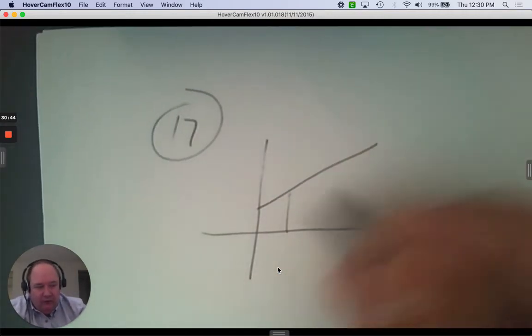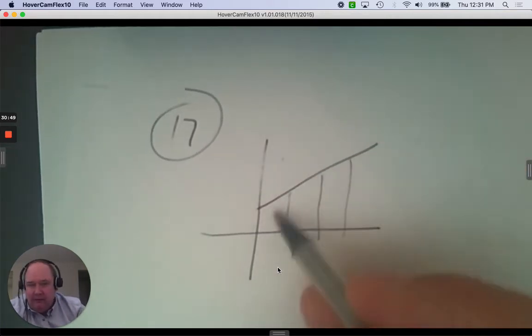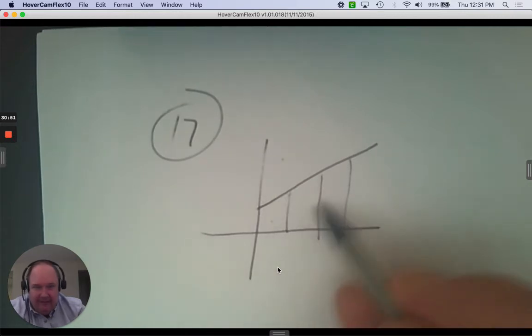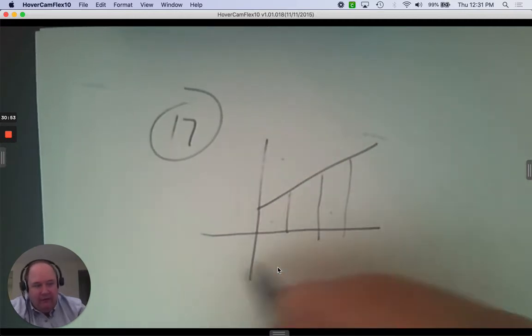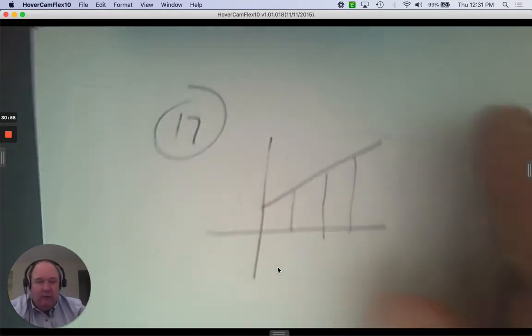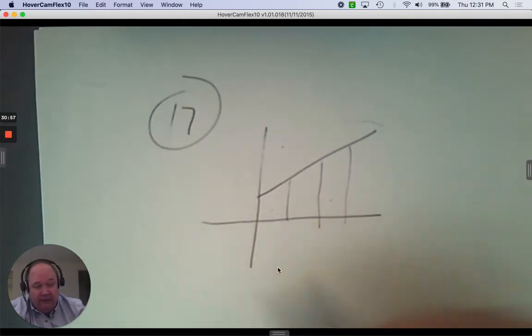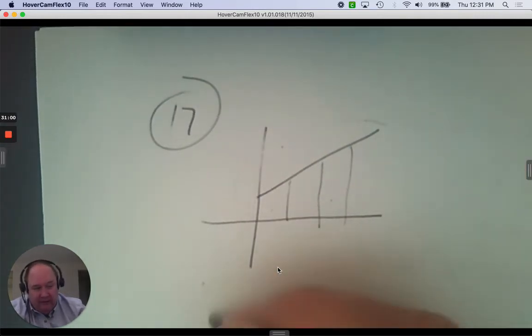If you do a trapezoid with a line, what do you notice? It's not above, it's not below, it's exactly the area you need. What they're asking is, is it an over or underestimate? It's perfect. It is not either. The values are the same.